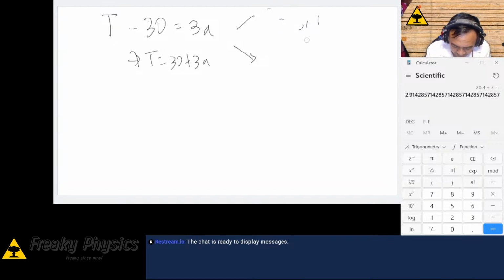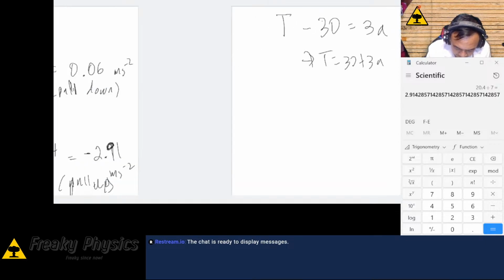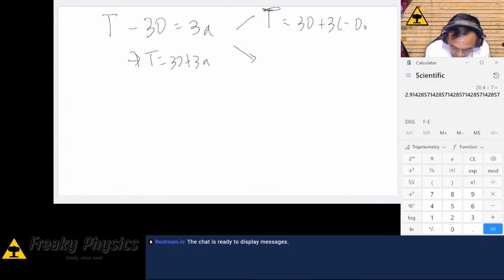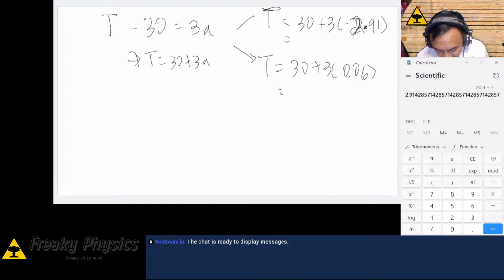The first one is T equals 30 plus 3 times negative 2.91, right? And the other one is T equals 30 plus 3 times 0.06. We get two different values of tension. What are the two values?